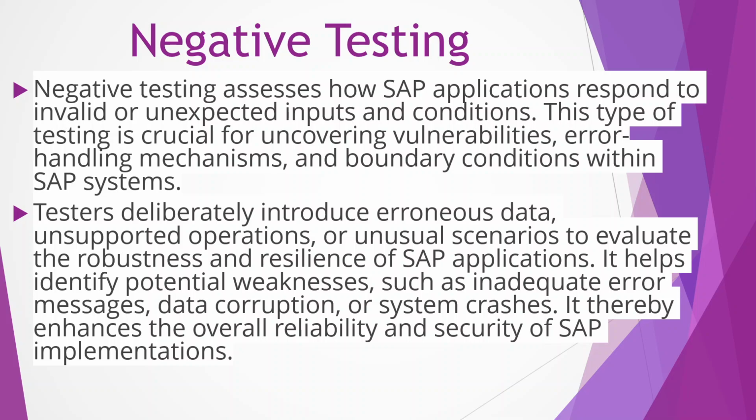As a part of negative testing, testers deliberately introduce wrong data or data with errors, unsupported operations, or unusual scenarios to evaluate the robustness and resilience of SAP applications. It helps identify potential weaknesses such as inadequate error messages, data corruption, and system crashes. It thereby enhances the overall reliability and security of SAP implementations.